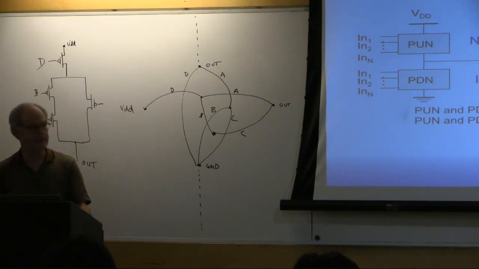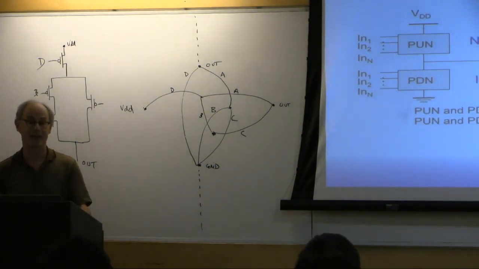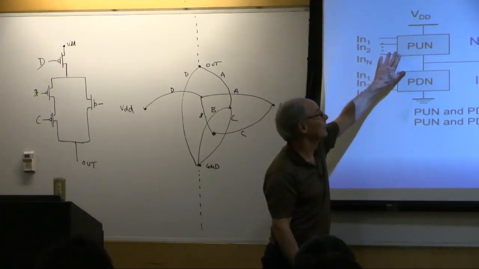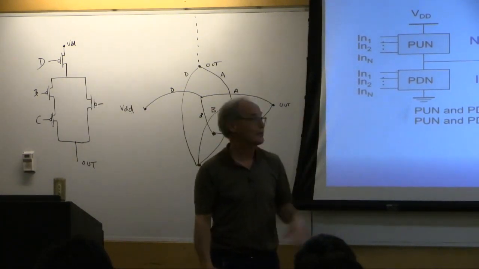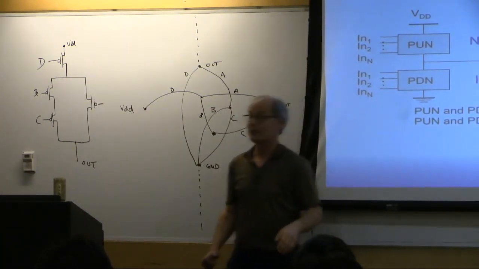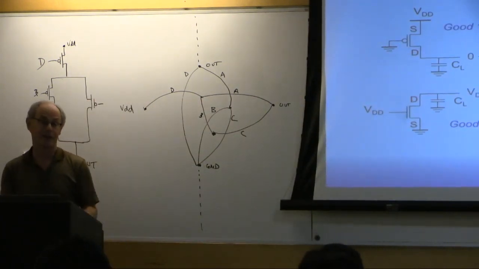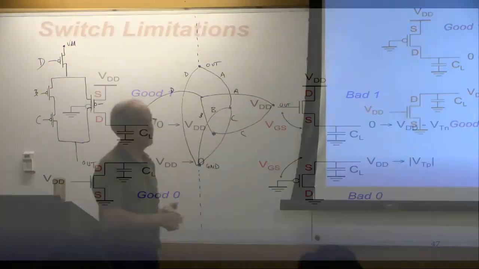So the other thing I talked about last time, which is important to understand, is that we can't really build non-inverting logic. What that essentially means is that in the pull-up network we can't use N-type transistors, and in the pull-down network we can't use P-type transistors. That came from the fact that there's a threshold voltage associated with these transistors.